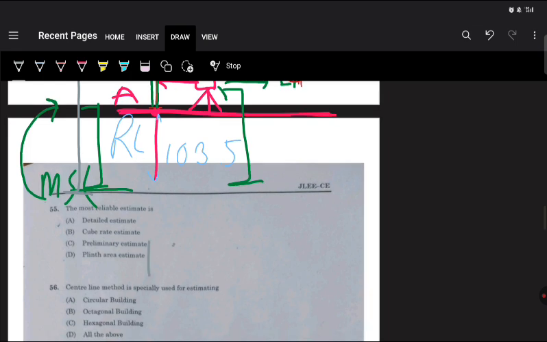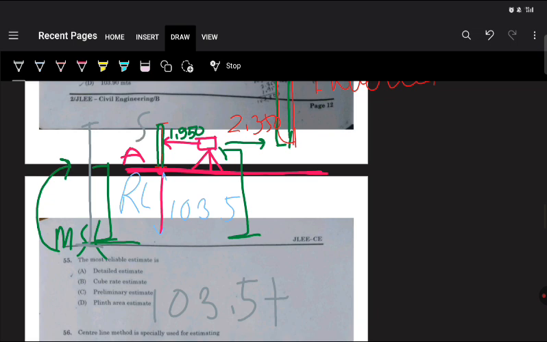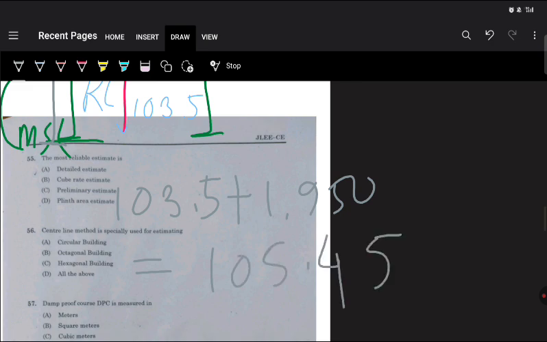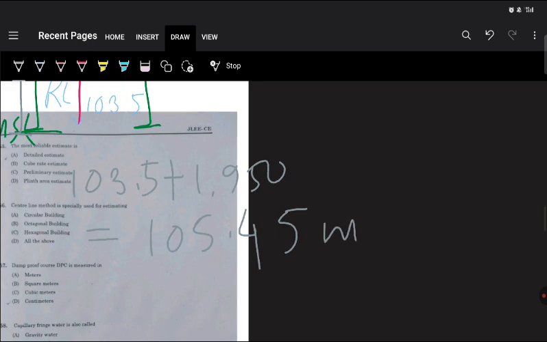RL of point A is 103.5 plus 1.950, so that is 105.45 meter. This is our height of instrument.